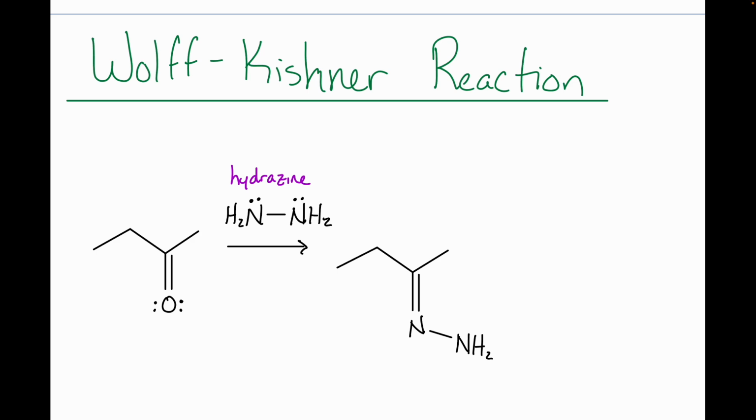All right, I guess it would be good to put in my lone pairs. But a Wolff-Kishner reaction is when you do this nitrogen nucleophile, especially using hydrazine, and then you follow it up in a second step with potassium hydroxide. Because what that ends up doing is cleaving that nitrogen-carbon double bond, and what you're left with is just a fully reduced carbonyl carbon.